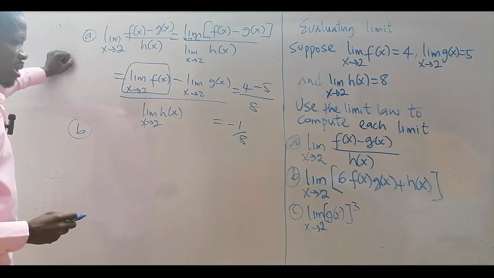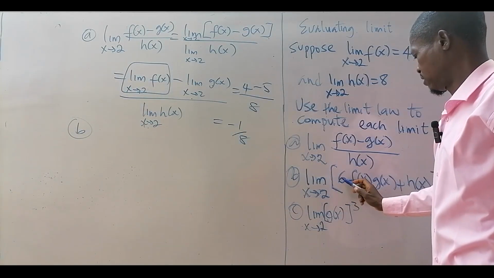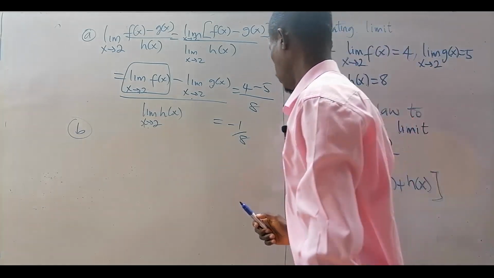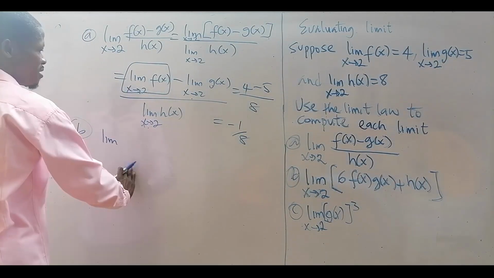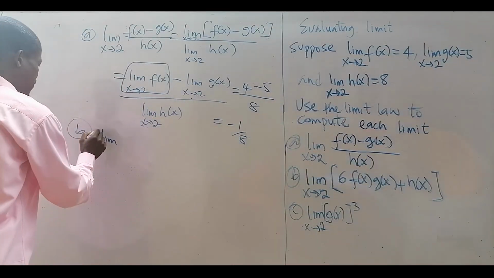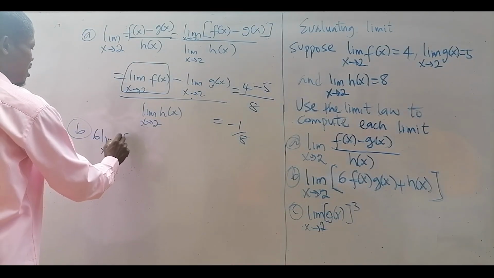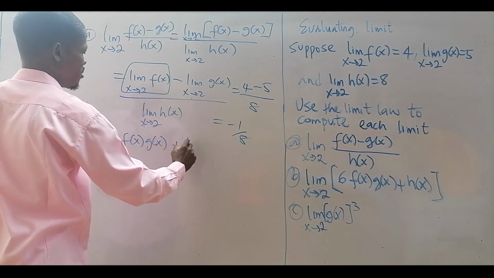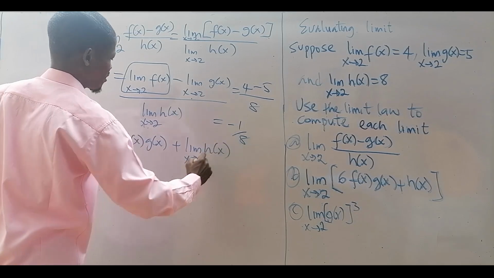For part b, we have the limit of, brackets open here, 6 times f of x g of x plus h of x. So we have a product of limits and we also have a sum. This 6 can come to the front: as x tends to 2 of f of x g of x, then plus the limit as x tends to 2 of h of x.